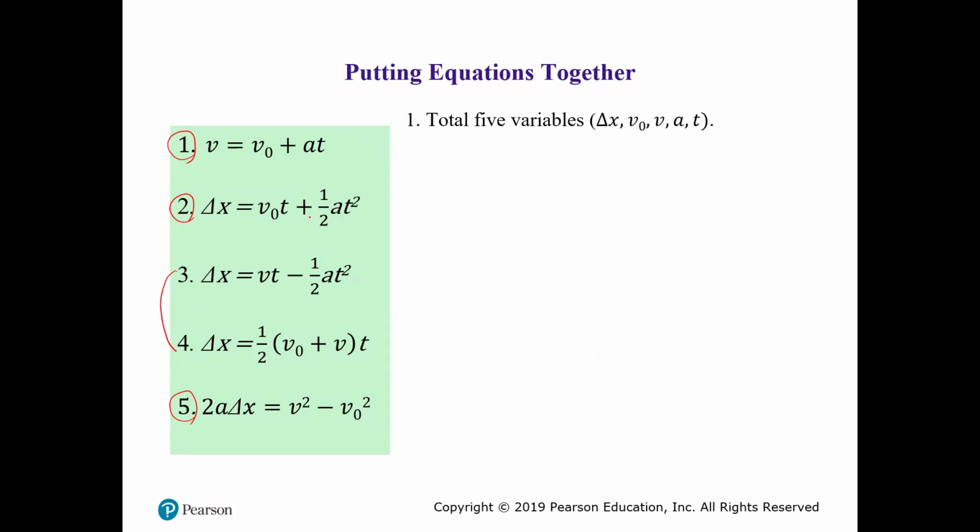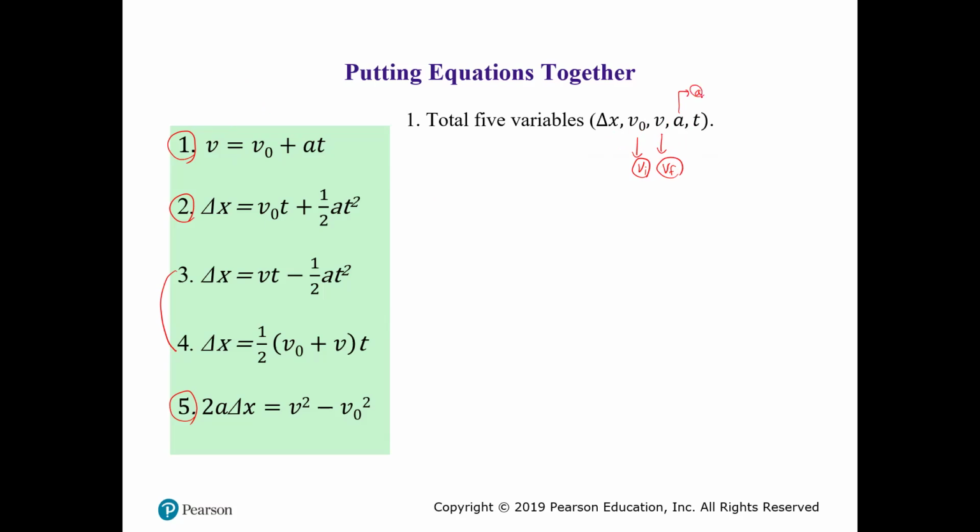If you look at these equations very carefully, there are a total of five variables, right? Delta x is the displacement. Vi, or sometimes the textbook uses v initial, is the initial velocity. V is the final velocity, so sometimes we use v or v final. In this slide I use v, but what it means is v final. And acceleration is a.